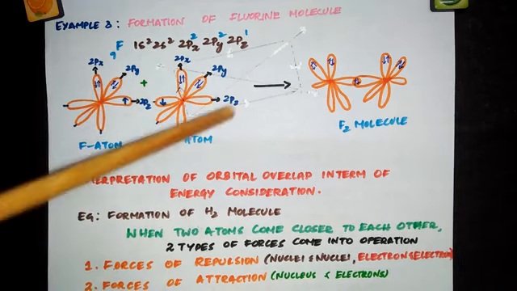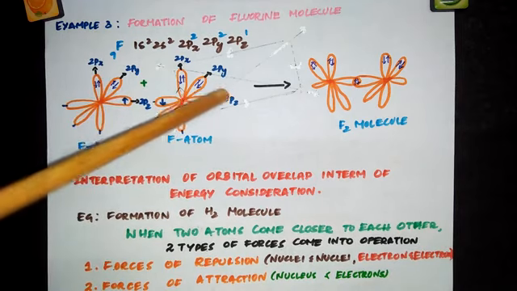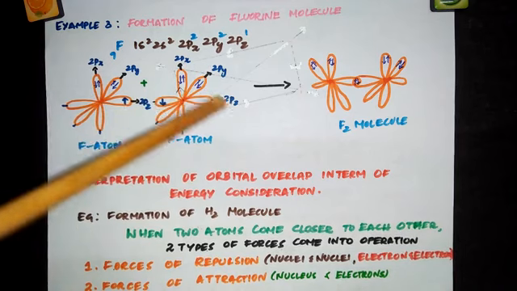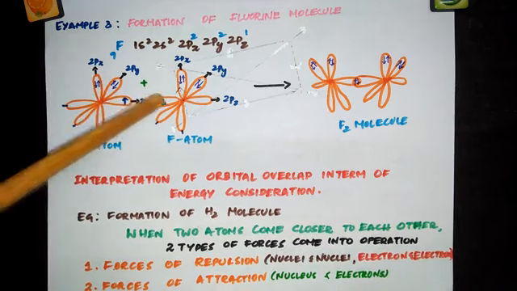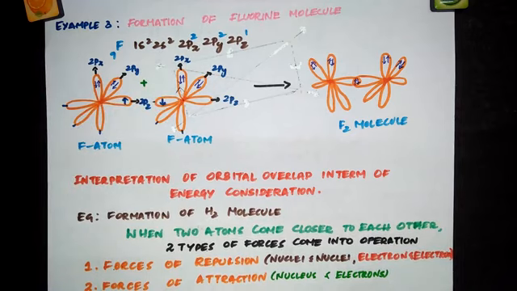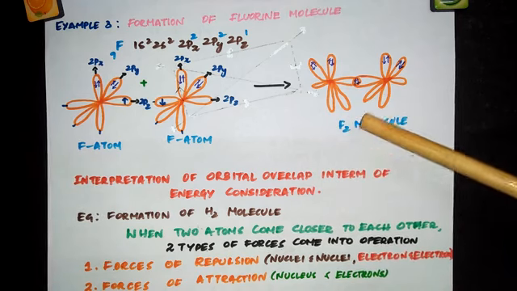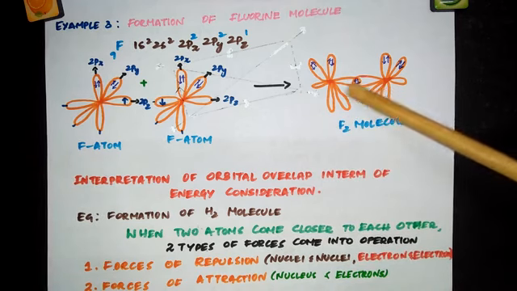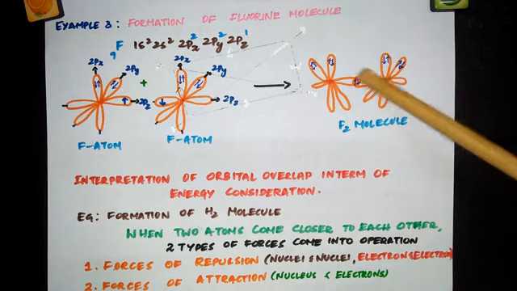And now this is the atomic orbitals of another fluorine atom, same way 2px, 2py and 2pz, and 2pz is having one electron with opposite spin. So now these two are going to get overlapped. So this is the overlap. So this is the F2 molecule. So a covalent bond is formed between this fluorine atom and another fluorine atom by the overlap of 2pz orbital.